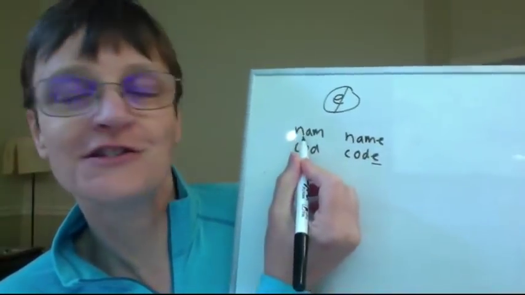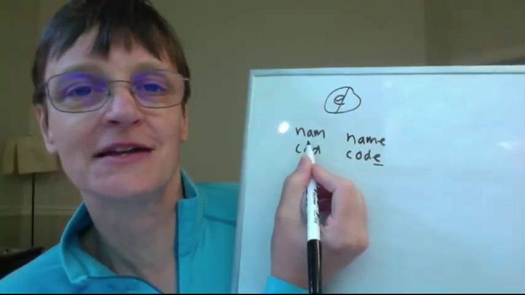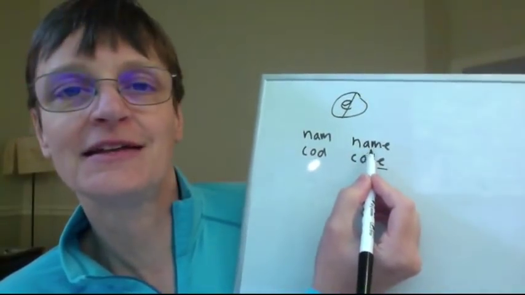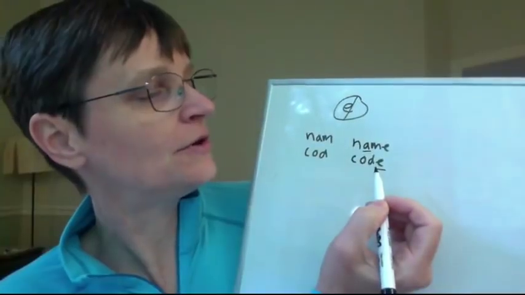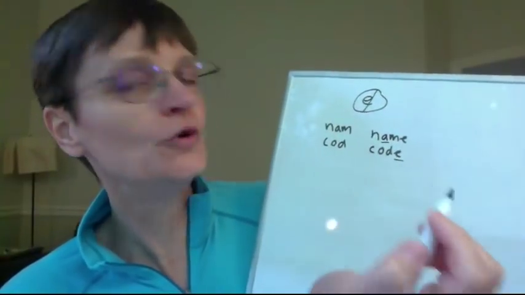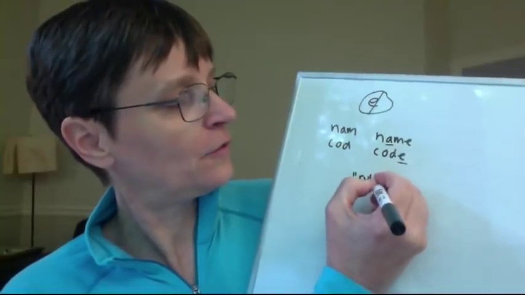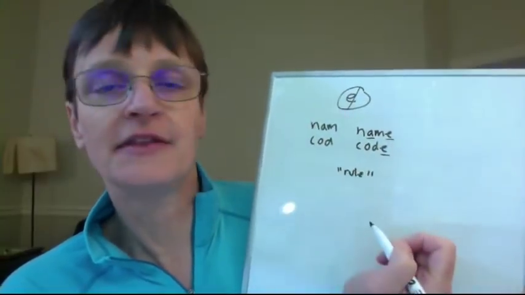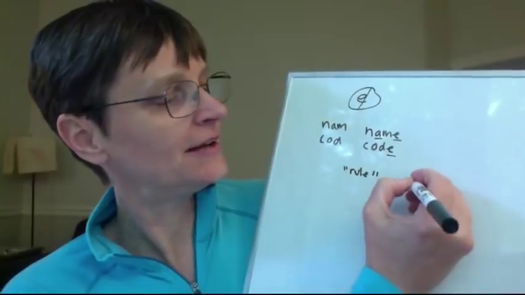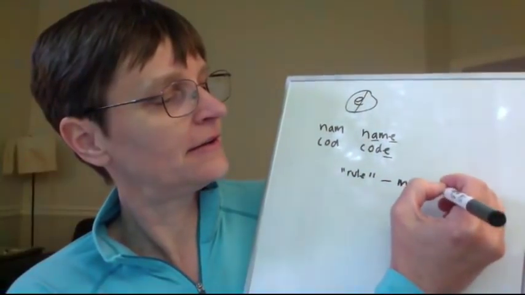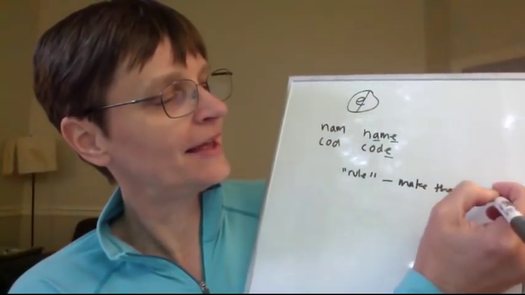If I just saw this, if it were a real word, I would say "nom," and here I would say "name." And so the spelling rule for the silent E at the ends of words is it makes the letter say its name.